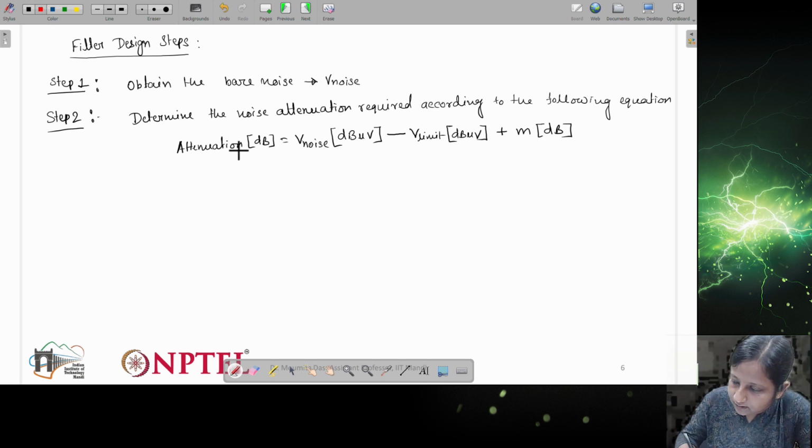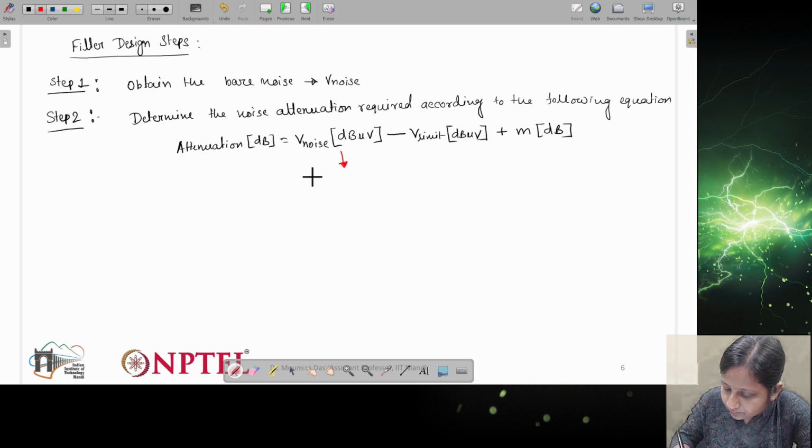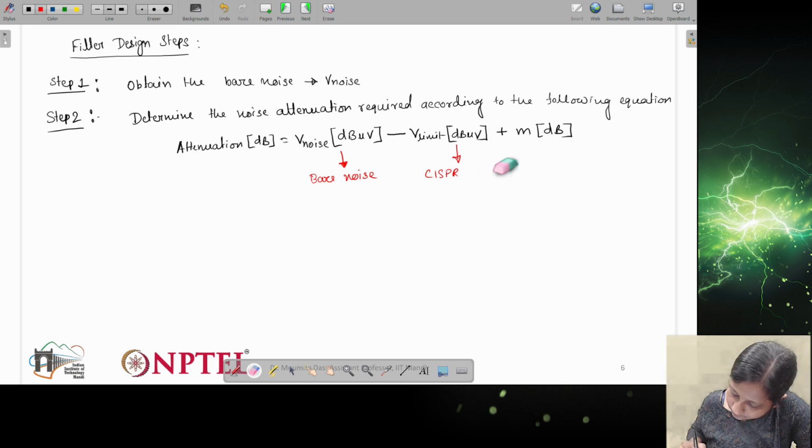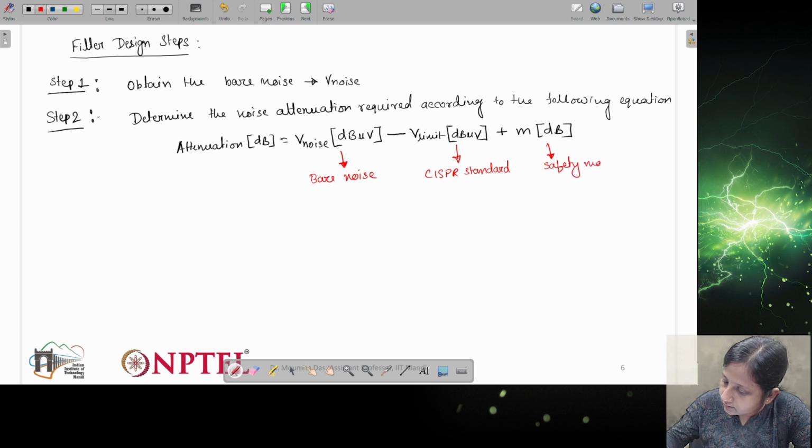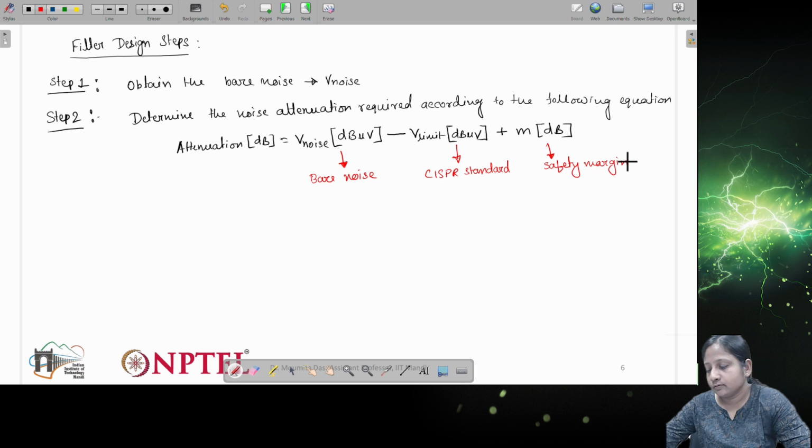So this is the bare noise which we measured in step 1, this is from the standard, and this term is providing the safety margin. Right. So these are the different components of the attenuation signal calculation.